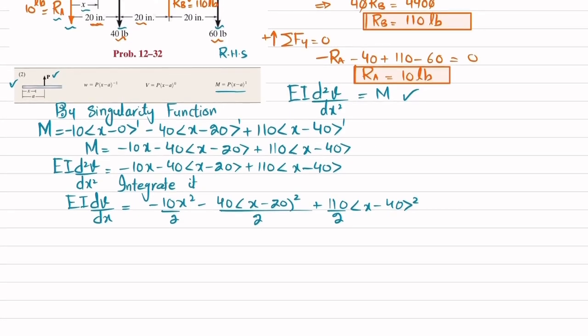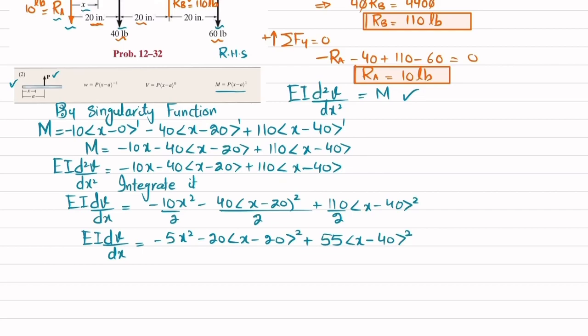So if you further simplify it, you will get EI into dV over dx will be equal to minus 5x square minus 20 into x minus 20 whole square plus 55 into x minus 40 power 2.